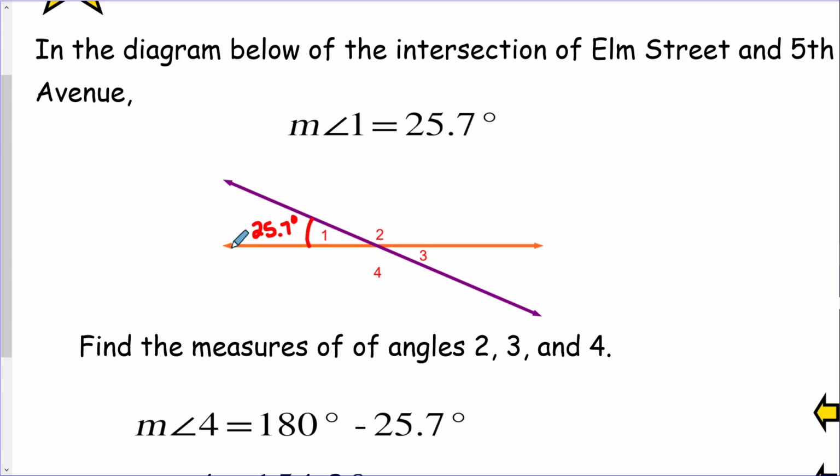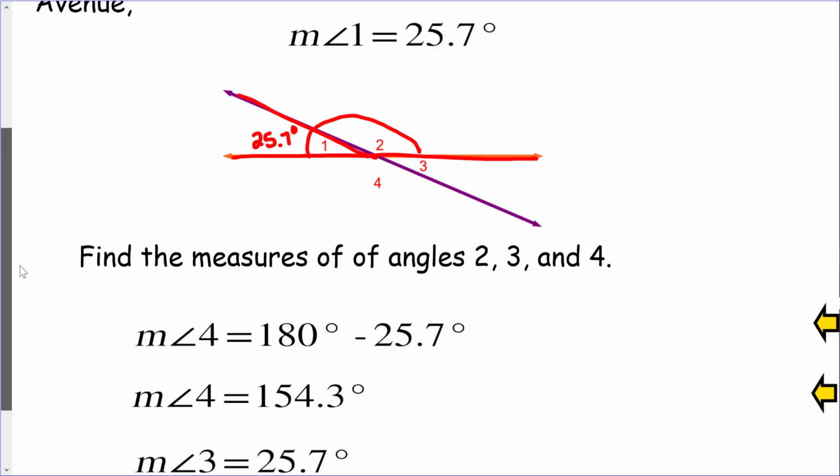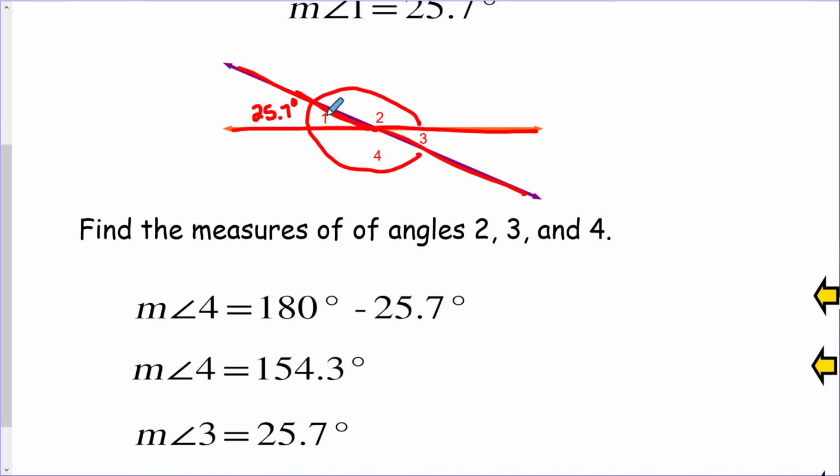Well, I know together angle 1 and angle 2 complete a half arc, or they complete a straight line. So together they make 180. And also together angle 1 and angle 4 also make a straight line this way. So together they make 180. So that means angle 1 and angle 4 are supplementary.